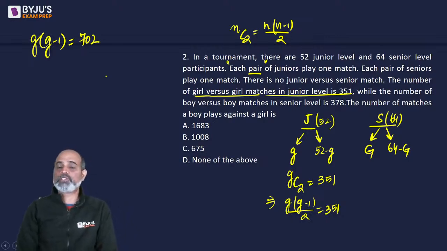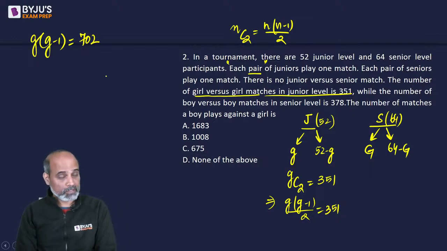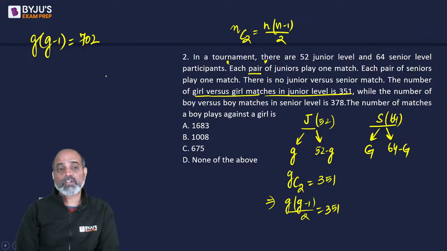So now we have to think of G as a number into the previous consecutive number. The product should be 702. So we can start with, it's going to be between 20s and 30s, right? Because 20 into 20 is 400, 30 into 30 is 900. So it should be between that. So between 20s and 30s, if we take 26 into 27.